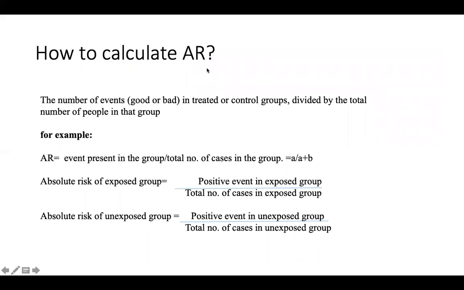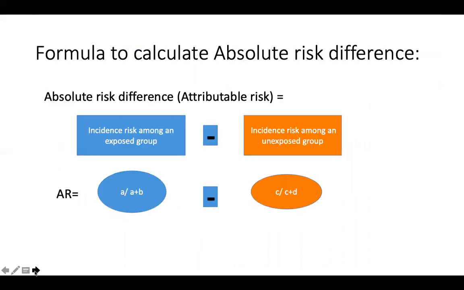How to calculate absolute risk? The absolute risk in the exposed group is the positive events in the exposed group upon the total number of cases in the exposed group, and the absolute risk in the unexposed group is the positive events in the unexposed group divided by the total number of cases in the unexposed group.